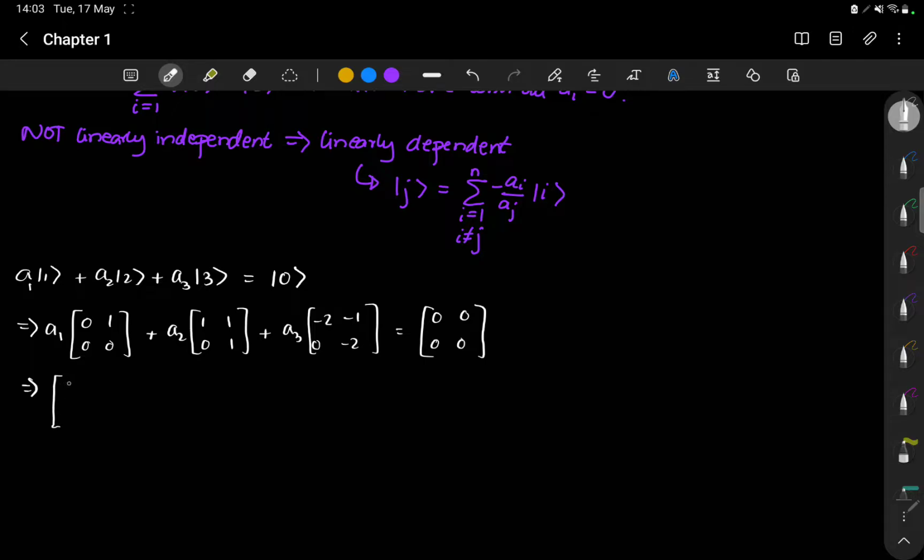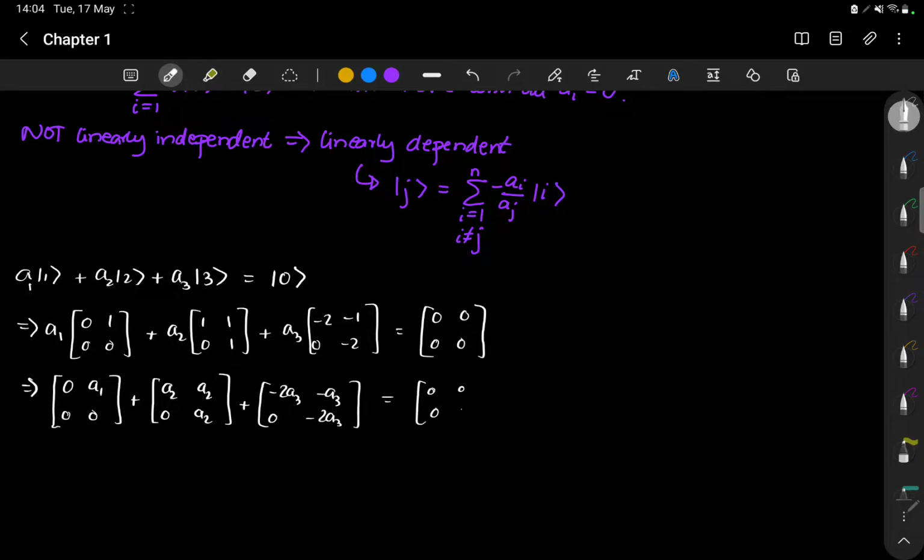From the definition of scalar multiplication, we will get the following. We need to multiply the scalar A2 with all the elements. How did we get this line? This is from the definition of scalar multiplication.